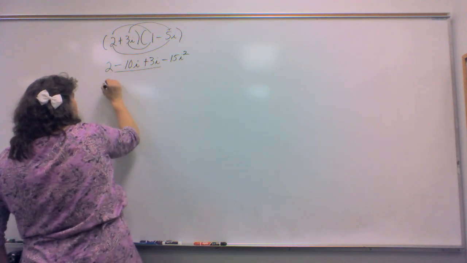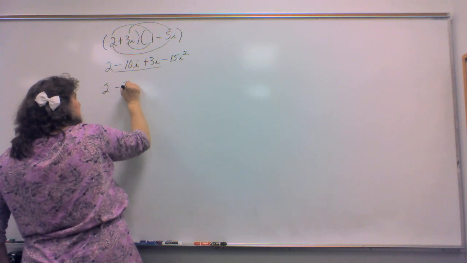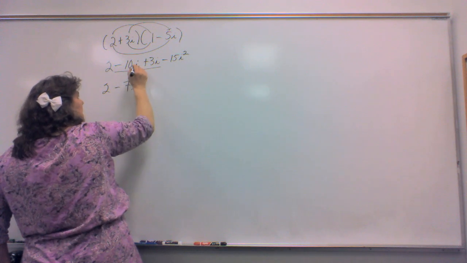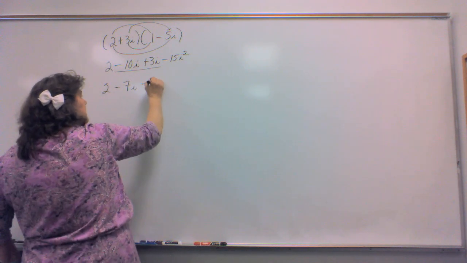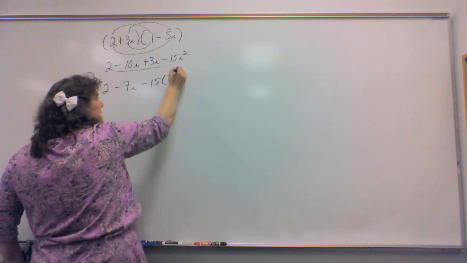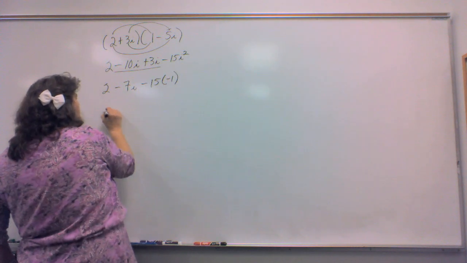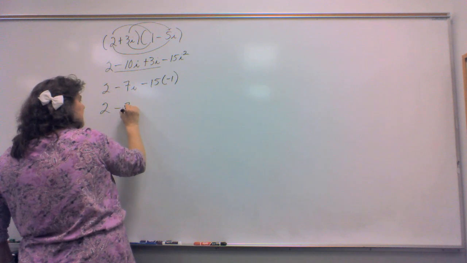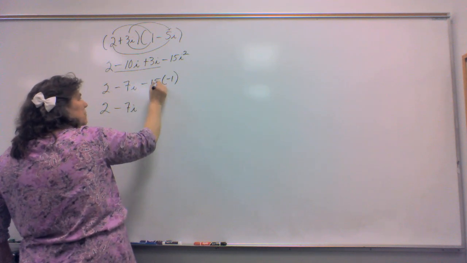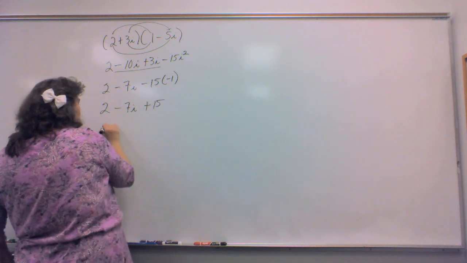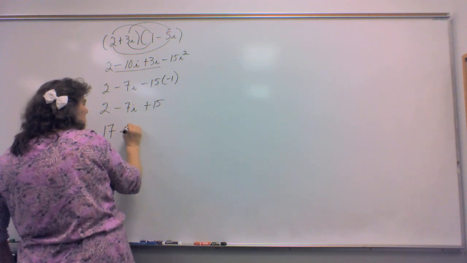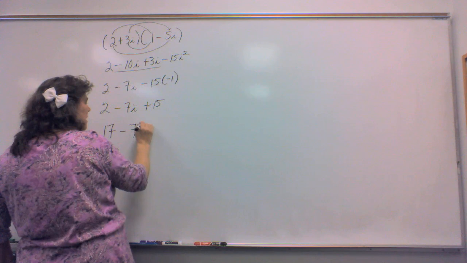Combine the like terms. 2 minus 7i. Negative 10 plus 3 is negative 7. And minus 15 times i squared, which is negative 1. So 2 minus 7i, and then negative 15 times negative 1 is plus 15. So this is 17 minus 7i.